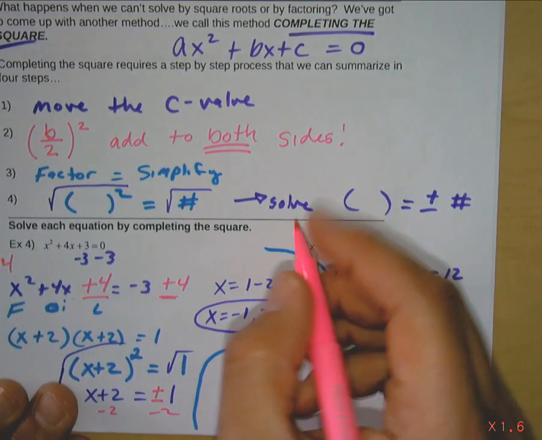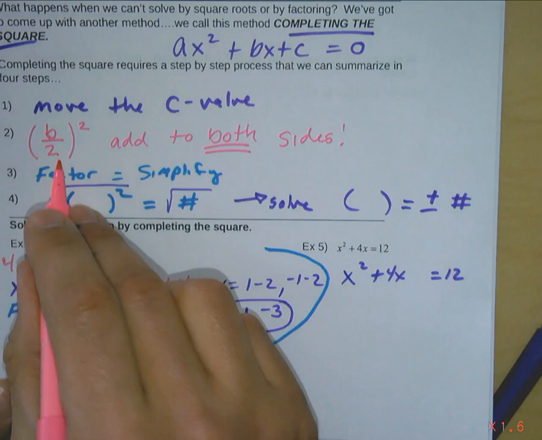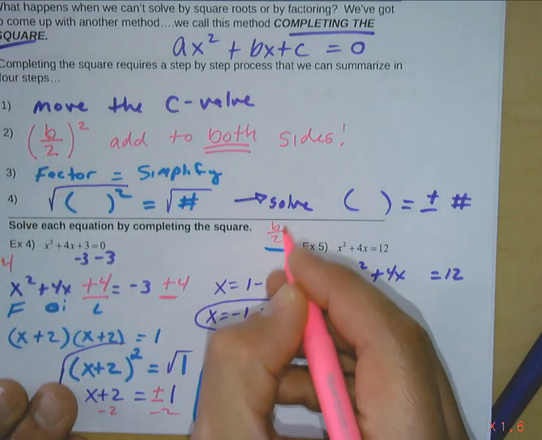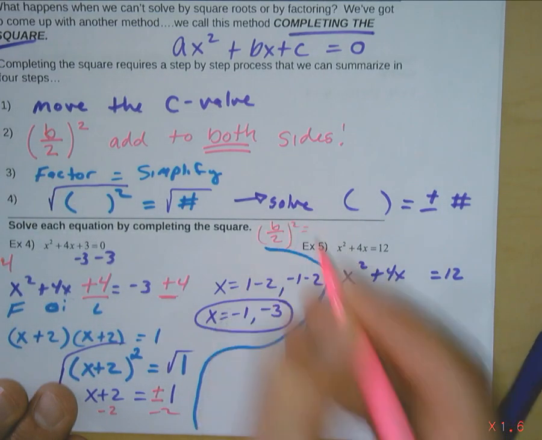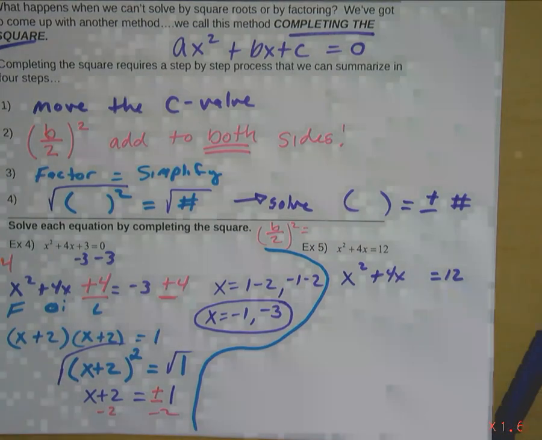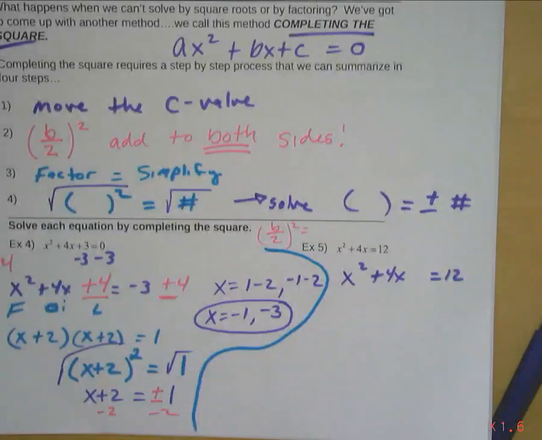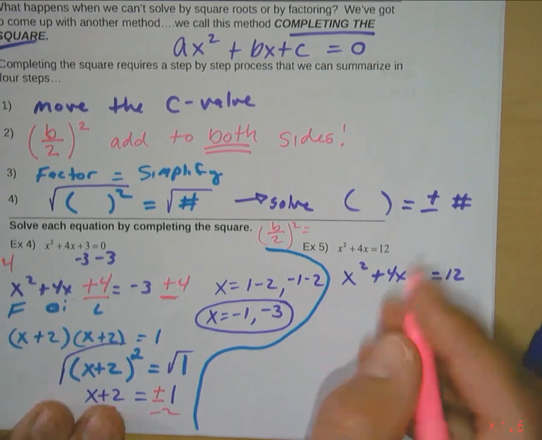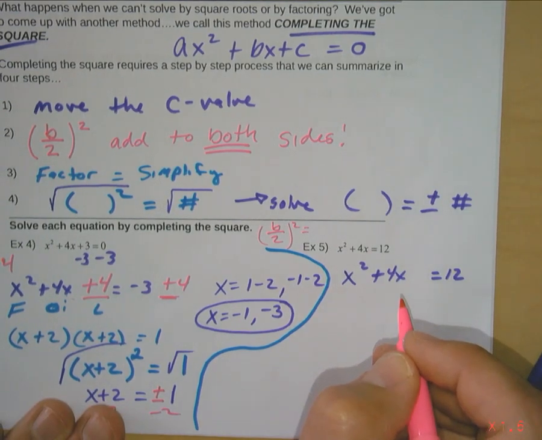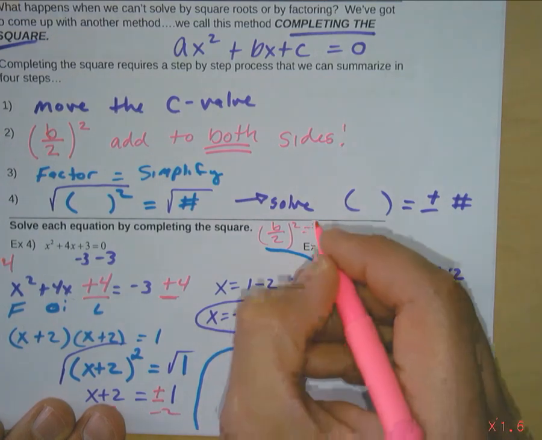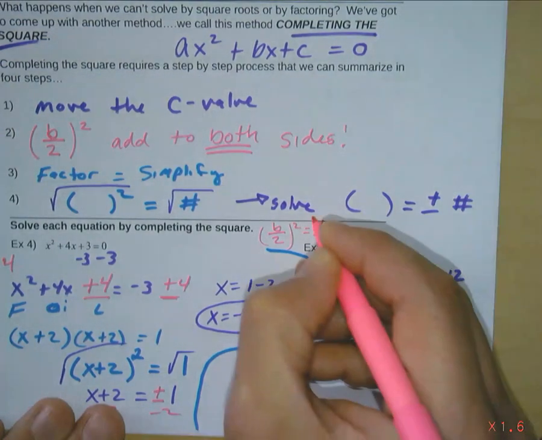We're going to take that b value, divide by 2, and square it. What's b? What's the number in front of x? X squared plus 4x, 4. So I'm going to take 4, divide it by 2.